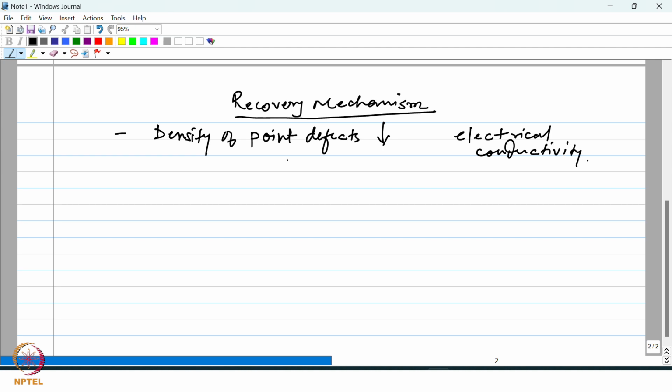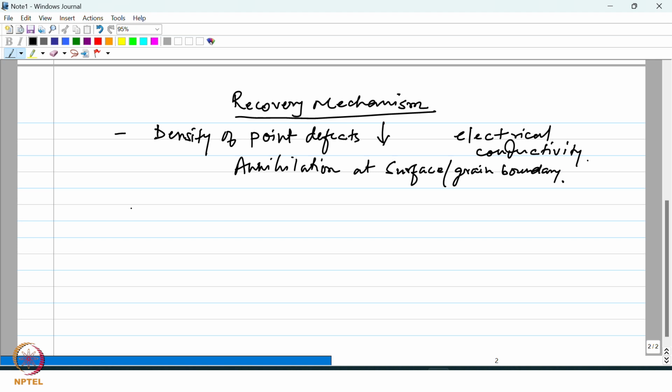And the annihilation of the point defects occurs when they move to the surface or grain boundaries. Okay.